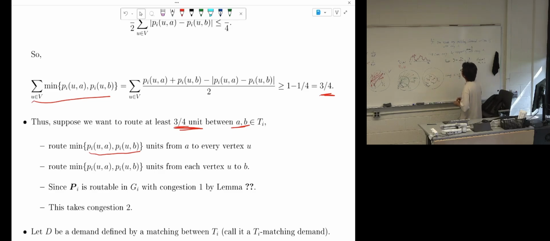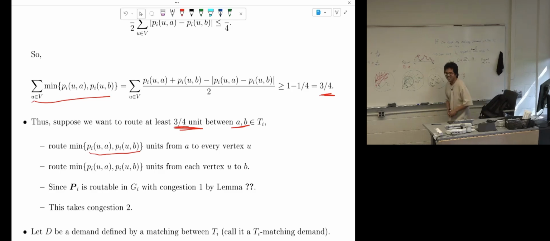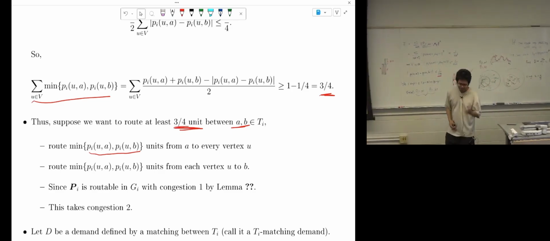So yeah, try to convince yourself of this. You can look it up too.